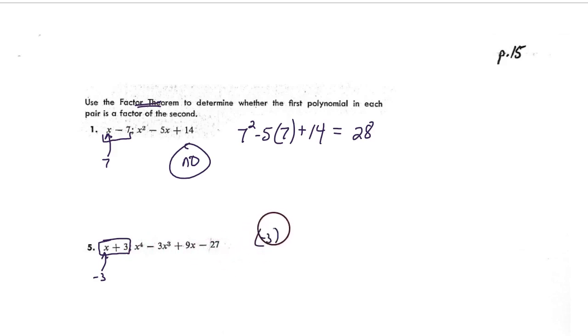So we have negative 3 to the 4th power minus 3 times negative 3 to the 3rd power plus 9 times negative 3 and then minus 27. We want to know what that makes. Certainly a calculator would be good here. Well, I typed it in, and assuming I typed it in correctly, I got 108. So since this is not 0, then negative 3 does not work.